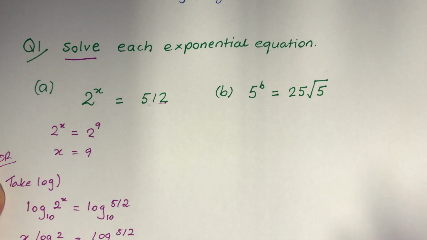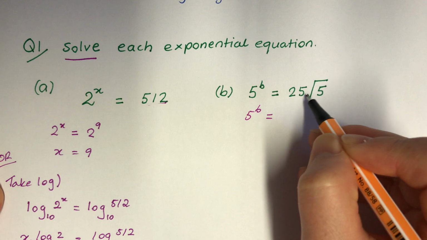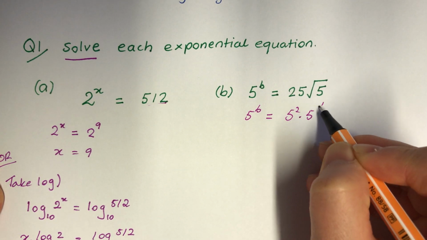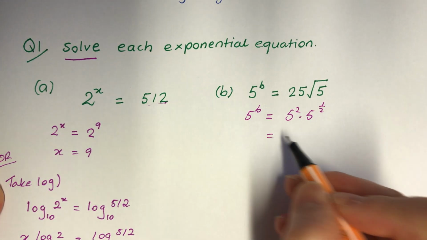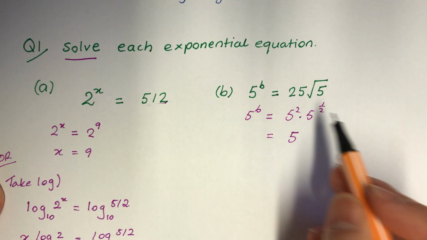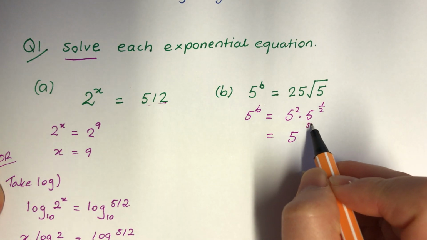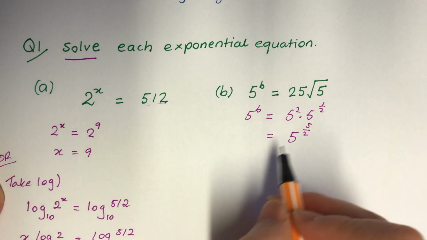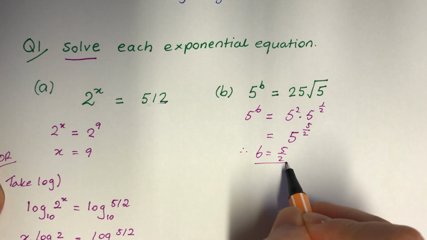So I'm going to write this as 5 squared times 5 to the power of half. Remember, square root is power of half. Now, index law: when the base is the same and you multiply, you add the powers together. So 2 plus half is 5 over 2. That means b equals 5 over 2.